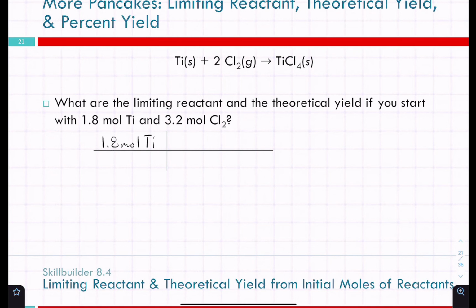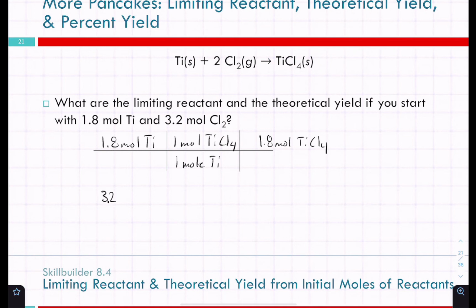Titanium chloride, 1 to 1. 1 mole of titanium will give us 1 mole of titanium chloride. So that's going to be 1.8 moles of titanium chloride.